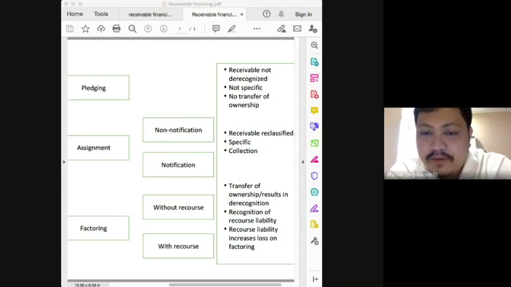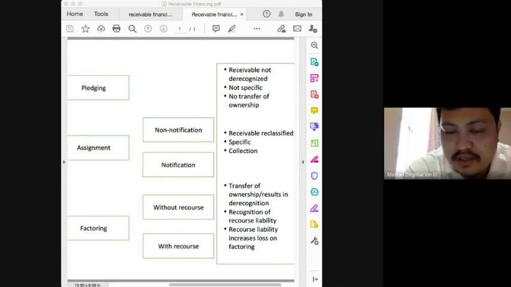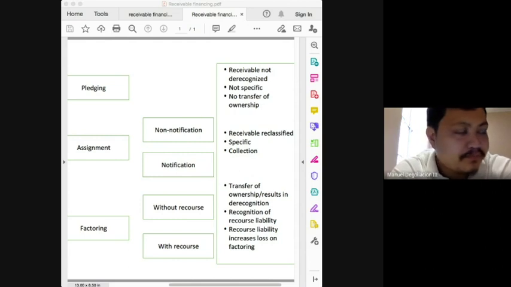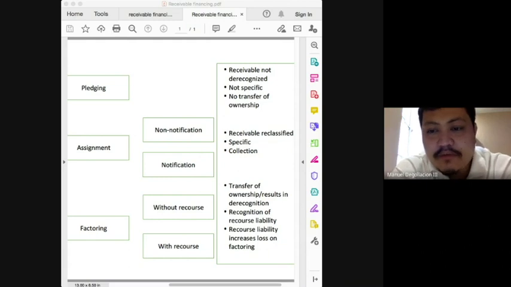As far as accounting is concerned, if the factoring is with recourse, then we will have to recognize a contingent liability, a recourse liability, which will be recognized at the time of factoring. It is a liability that can happen in the event that our customer will not pay.